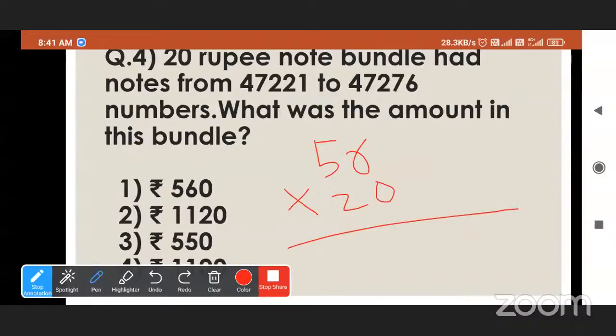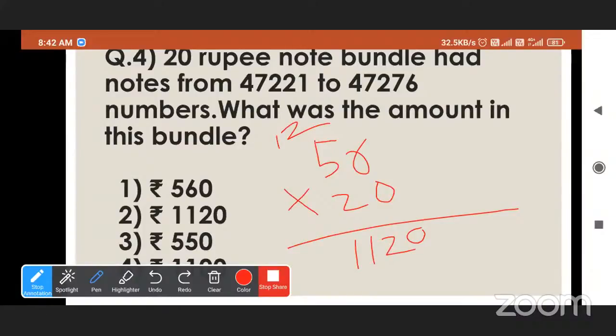So the answer is, see here, 6 times 20 is 120, and 50 times 20 is 1000. 1000 plus 120 is 1,120.